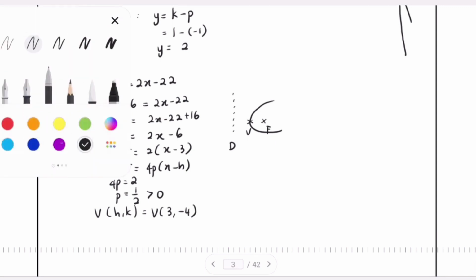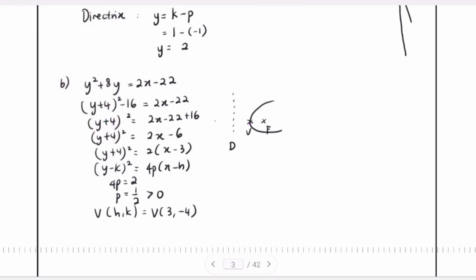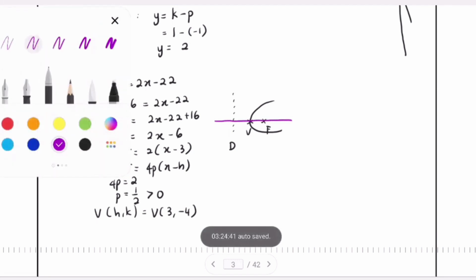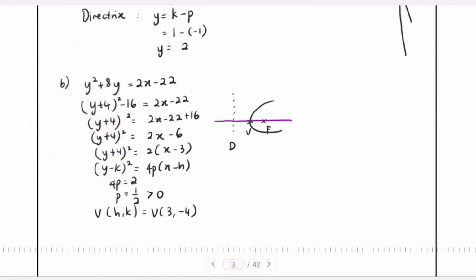Okay, as you can see, the k value will stay the same. Alright, so for the focus, our h plus p and k will stay the same. So 3 plus 1 over 2 is 7 over 2, negative 4.